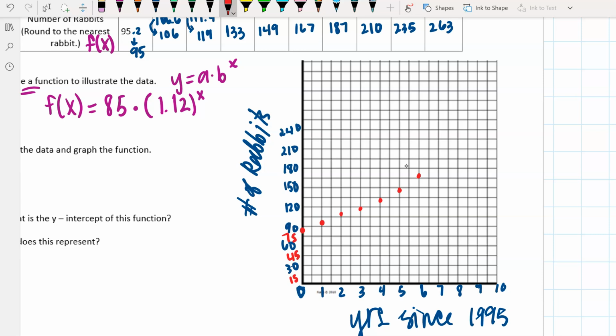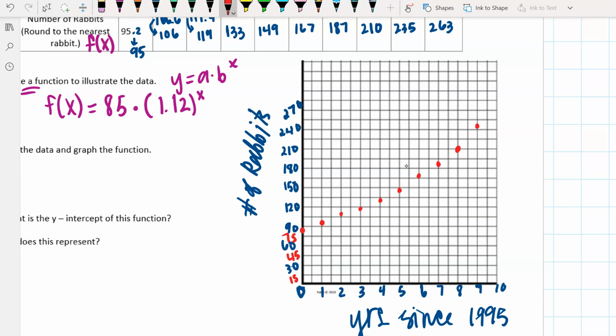So then year 7 was 187. Okay, so we're looking at in here. 8 would be 210, so that's right on a grid line, which is kind of nice. And then 9 was 235, so it's closer to 240. Oh, we need to go a little bit higher. I didn't graph enough of them apparently, so we need to go one more to 270.